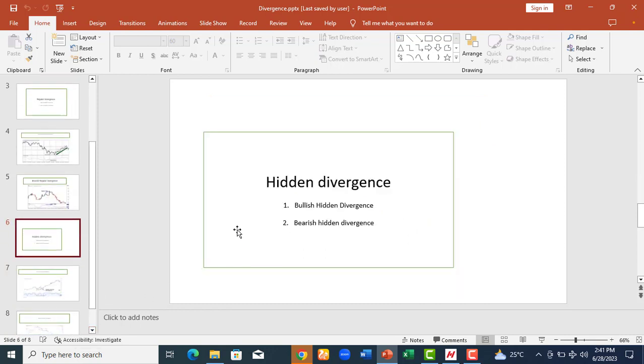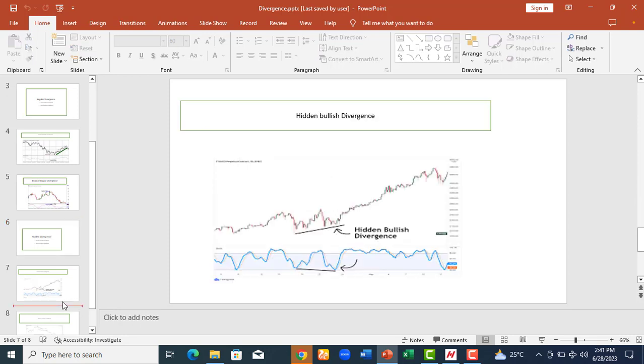Then we talked about hidden divergence, two types: the bullish hidden divergence, the bearish hidden divergence. Bullish hidden divergence is found in an uptrending market, which shows continuation in the market, where price will be forming higher lows, like a consolidation, like a range towards a resistance. All you got to do is to wait for confirmation, because oscillator will be forming lower lows.